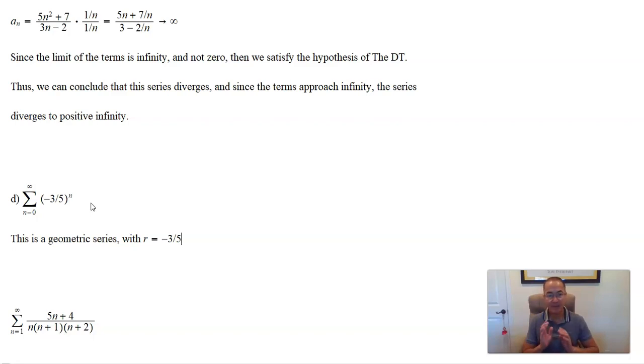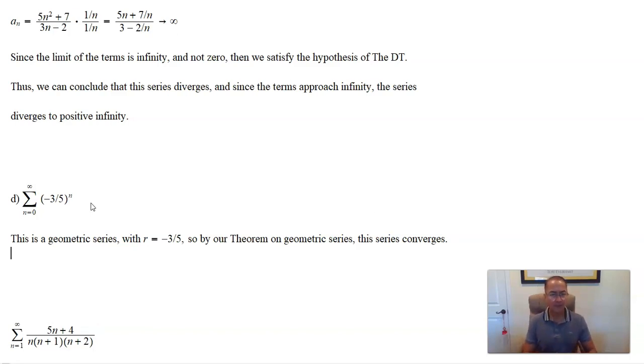And we said that a geometric series converges if and only if the common ratio is between -1 and 1. Well, this is between -1 and 1. This is a geometric series with r equals -3/5. So by our theorem on geometric series, this series converges. And in fact, we have this formula, the sum is 1 over 1 minus r. Okay? And this exact same series was in that video.